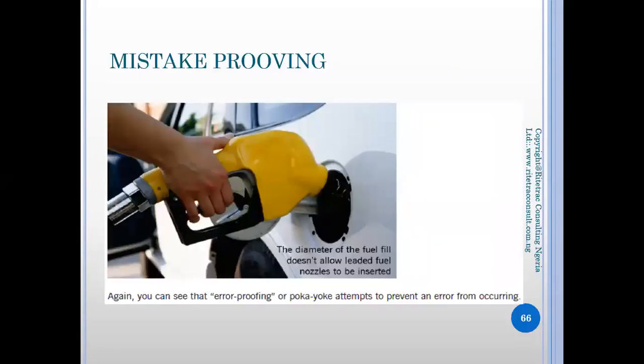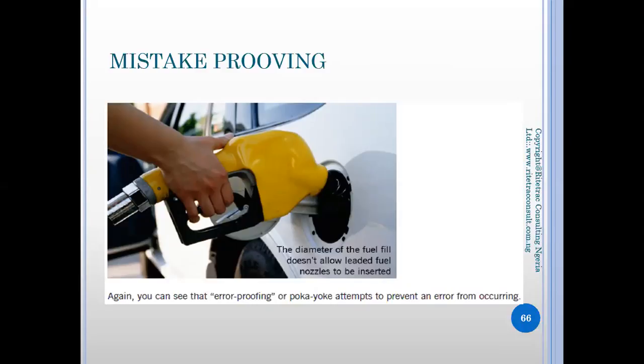This is mistake proofing. You can see here the diameter of the fuel filler doesn't allow the wrong fuel nozzles to be inserted. In the past, sometimes people made the mistake of driving their car to where they have diesel when you are using a petrol engine. They just put it in, and it will damage your engine.